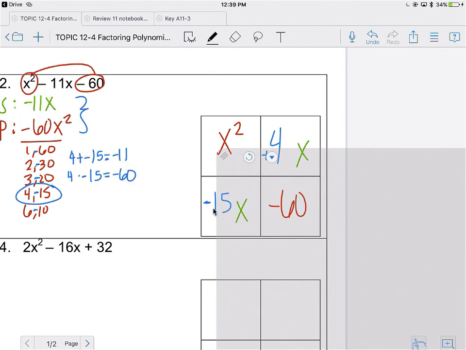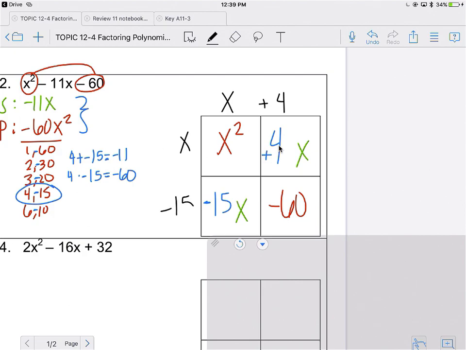So x squared and negative 15x just share an x. 4x and negative 60 share a positive 4. Going horizontally, x squared and 4x share an x. And negative 15x and negative 60 share a negative 15.